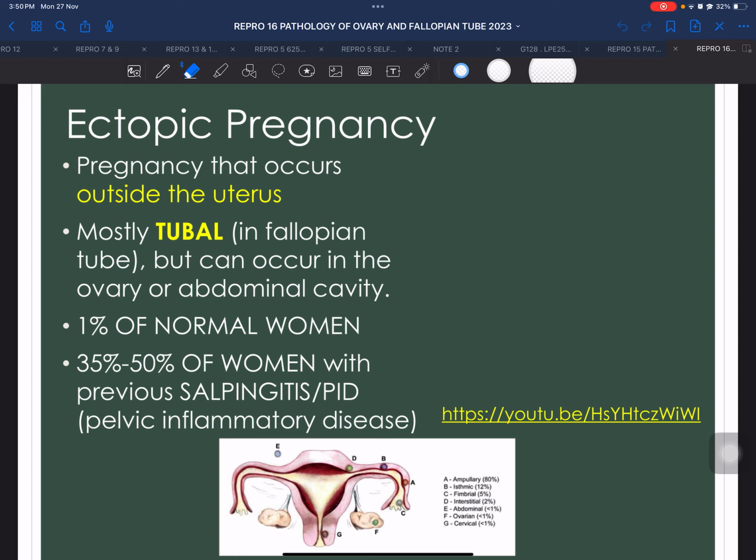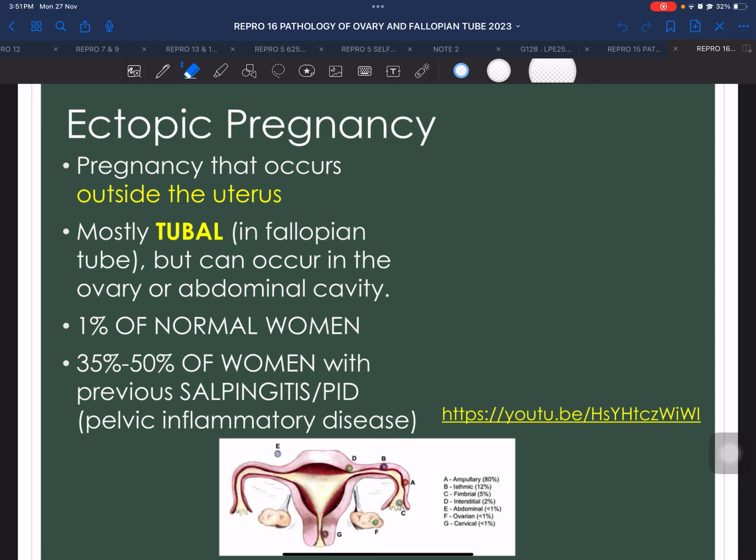Clinically, the human chorionic gonadotropin level is raised. The patient will have abdominal pain, and if the ectopic pregnancy ruptures within the fallopian tube, this can present as an acute abdomen. They tend to occur in the first trimester.